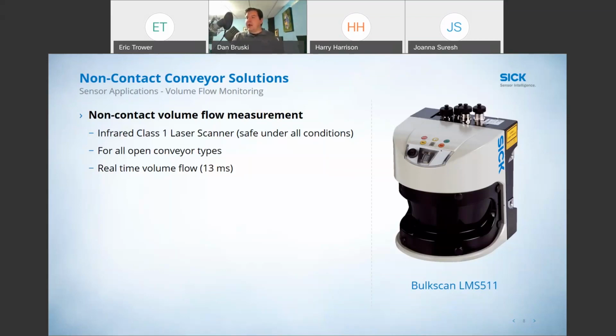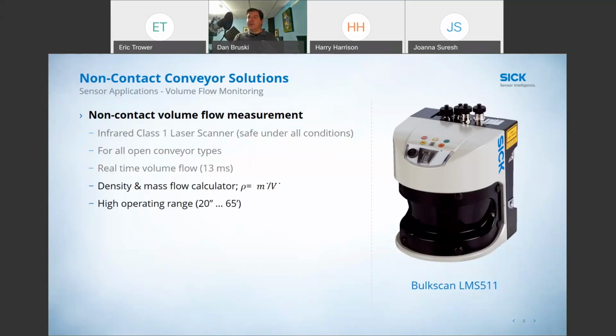This device sends out high pulse laser beams and is able to create a profile of the material on the conveyor in real time. Using this method, the scanned height profile across the conveyor is multiplied by the belt speed and represents volume flow. The bulk scan has an internal density or mass flow calculator so that it can also calculate the mass flow.